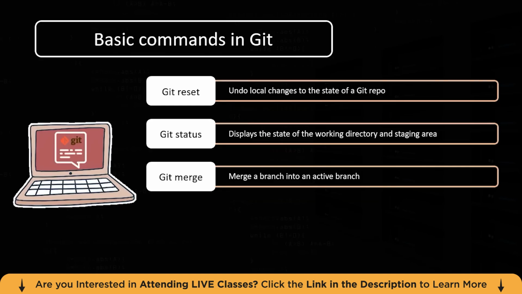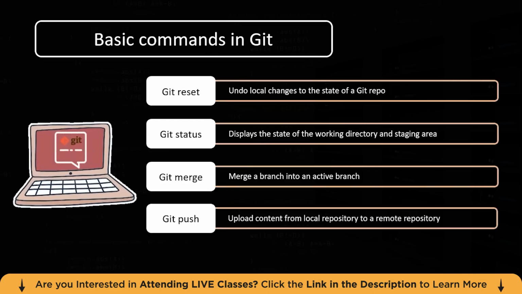All you can do is go to the master branch and trigger the merge activity. This merge activity will check the difference between the two branches, and whatever commits are missing will be synced back into the master branch. So git merge actively helps us move the changes from one branch to another.